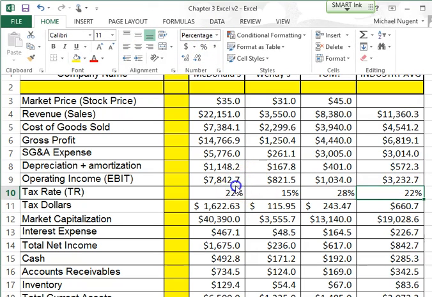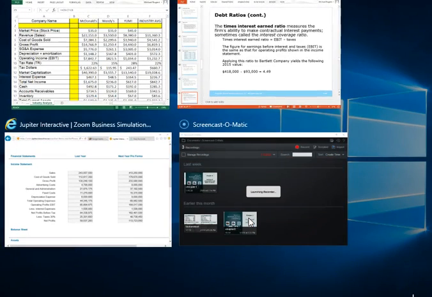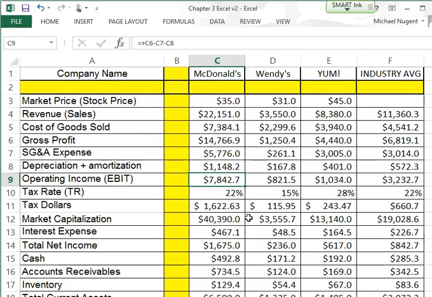All right. Okay, so we have the tax dollars and we have our EBIT. So we're looking at EBIT divided by taxes. Our taxes are 1622.